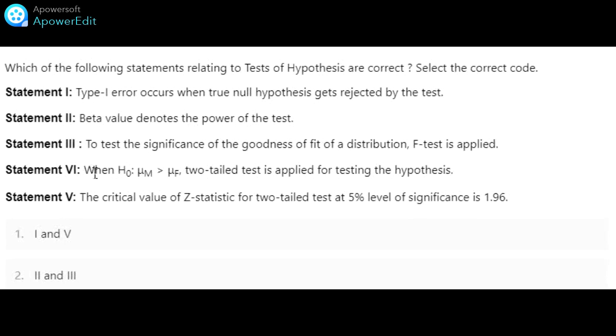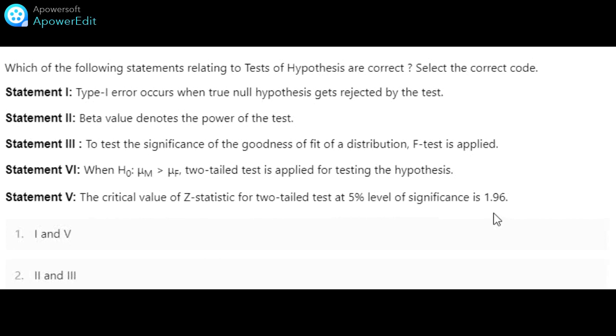Statement 4: when H0, that is the null hypothesis, and mu m greater than mu r, a two-tailed test is applied for testing the hypothesis. Statement 5 says the critical value of Z statistic for the two-tailed test at 5% level is 1.96.